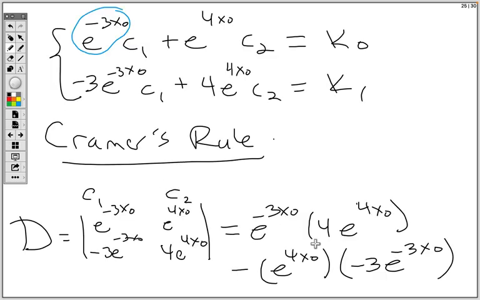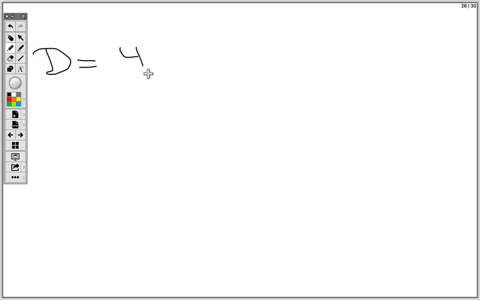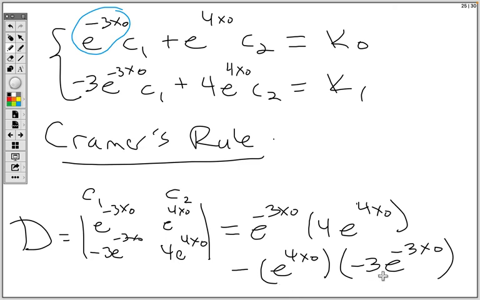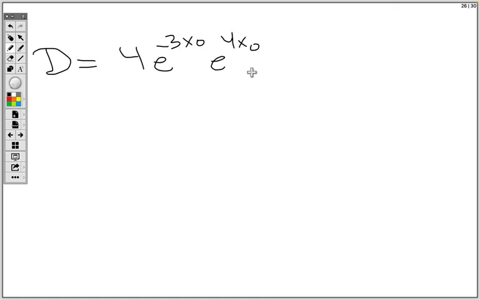So in the first term, we've got 4 e to the minus 3x naught e to the 4x naught, minus a negative 3, so plus 3 e to the minus 3x naught e to the 4x naught.